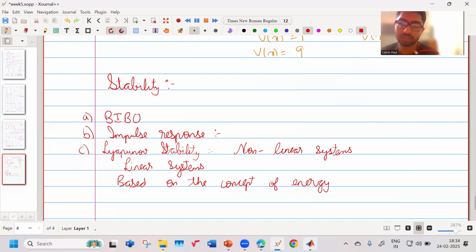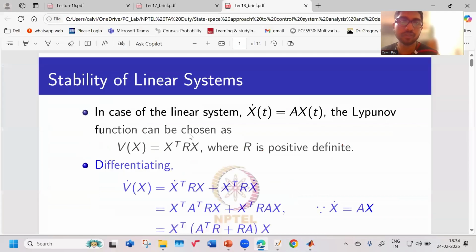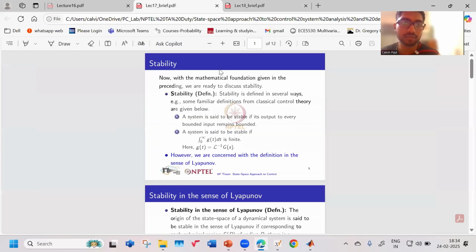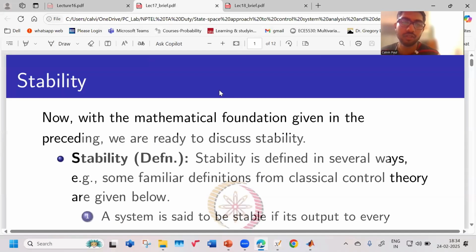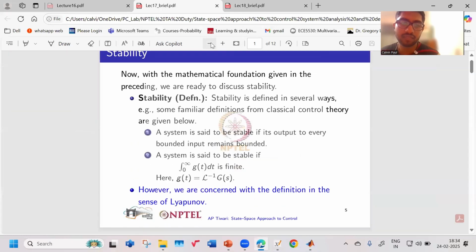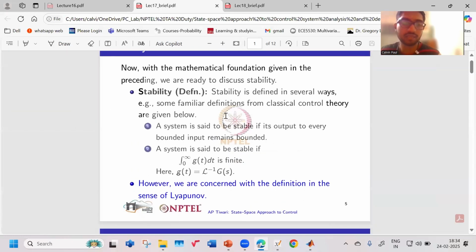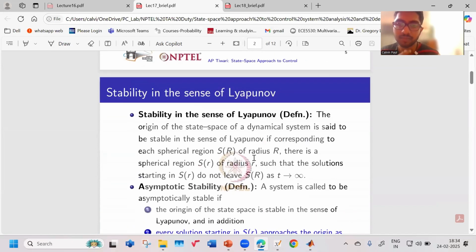Let us go to this point, lecture 17. I hope you have these notes, where Sir has defined what stability is, and he has considered the sense of Lyapunov.